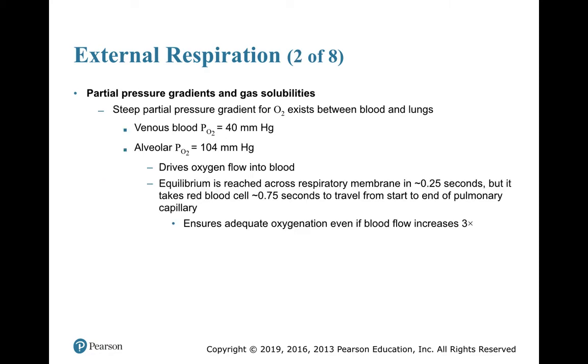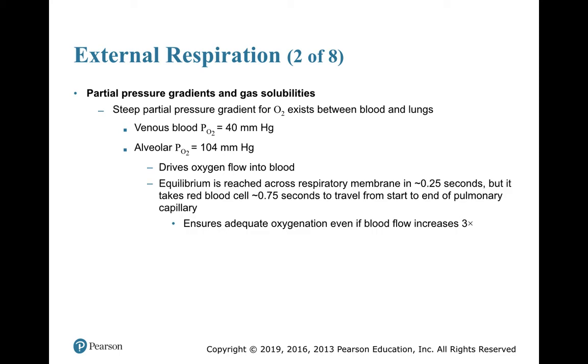So partial pressure and gas solubilities. A steep partial pressure gradient for oxygen between the blood and the lungs. In venous blood, the partial pressure of oxygen is approximately 40 millimeters of mercury, whereas in the alveolar air, it's about 104 millimeters of mercury. So there's a steep partial pressure concentration gradient between the alveolar and the blood.